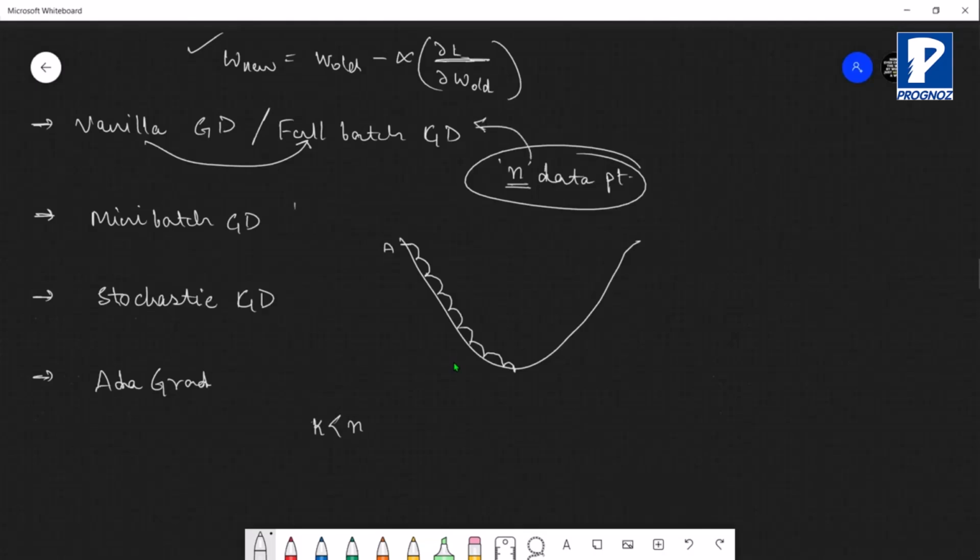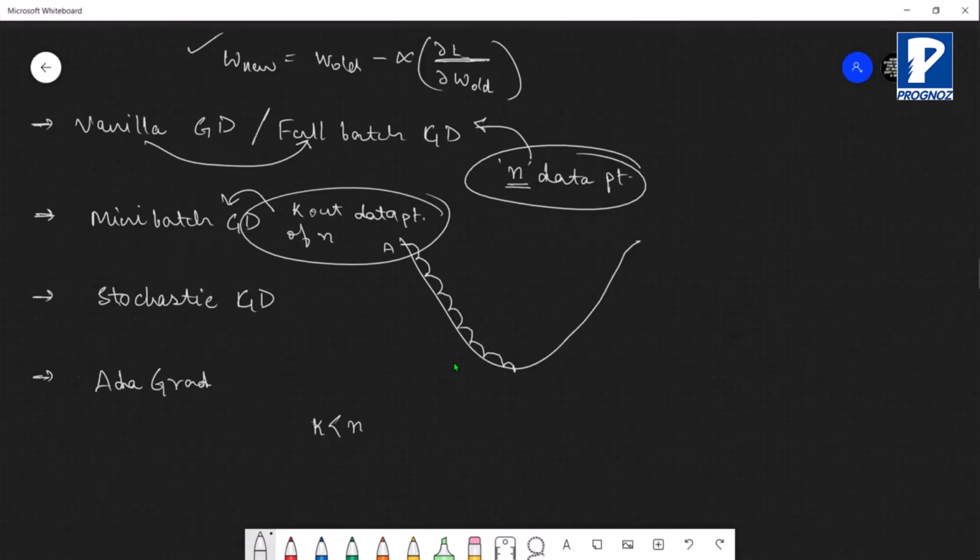When you are considering k out of n data points, at that point of time you are talking about mini batch gradient descent. In all of them the loss component is minimized. Each and every time the loss component is going to get reduced significantly, but the way it is going to get reduced is going to differ.